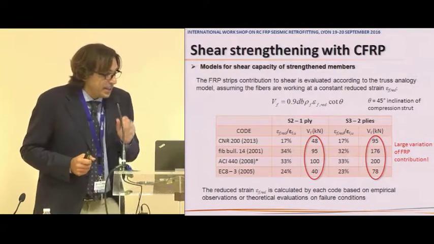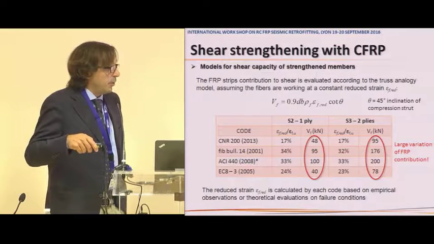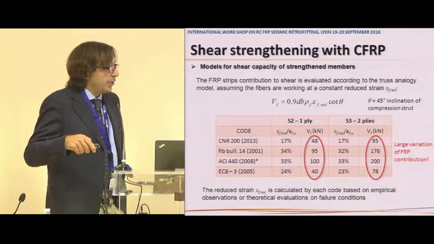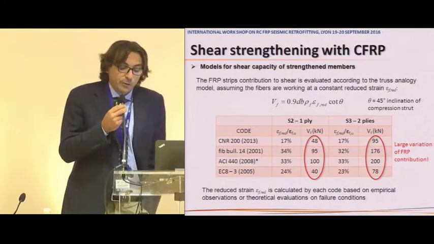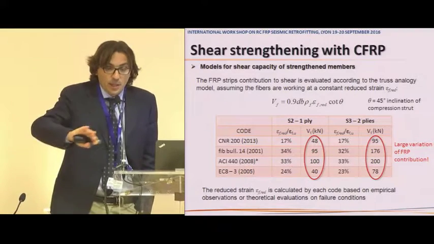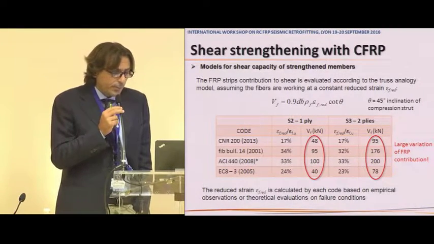Even in this case, if we compare the prediction in terms of FRP contribution to the shear capacity, we have very large variation. And I have to say that also the formulations available in literature to compute the shear capacity of RC members without FRP provide very big variation.